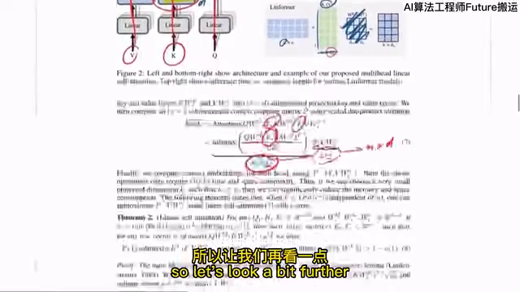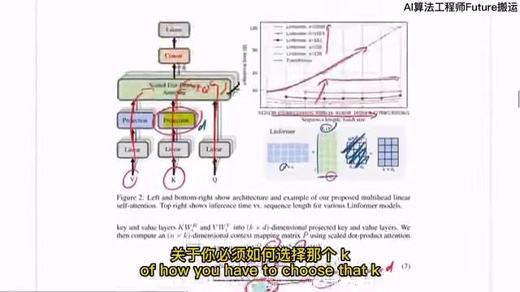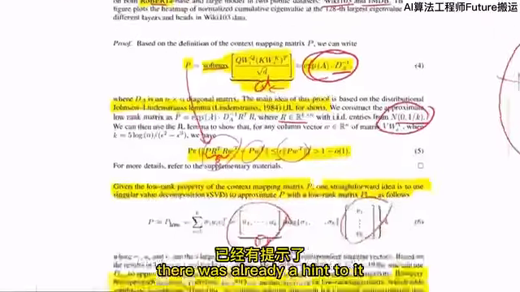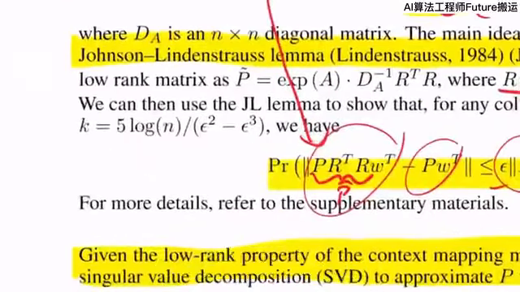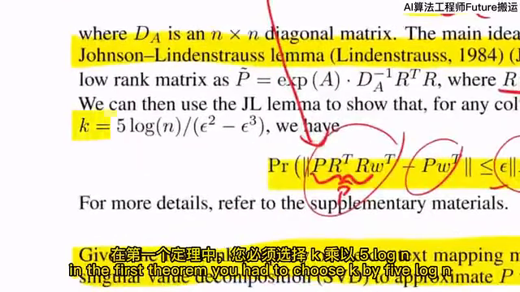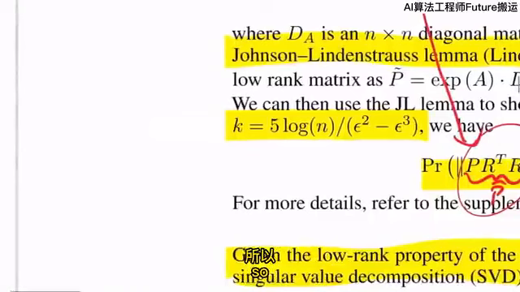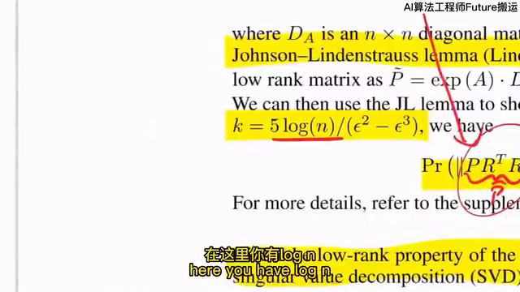So let's look a bit further at how you have to choose that k. Up here in the first theorem, there was already a hint to it. In the first theorem, you had to choose k as 5 log n. And this is a problem. So here you have log n.